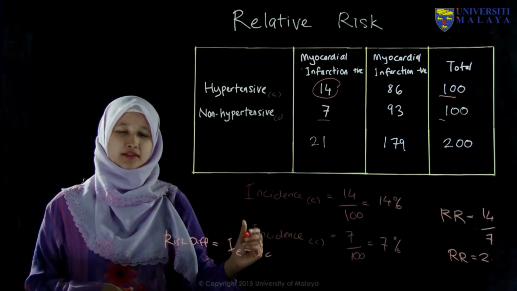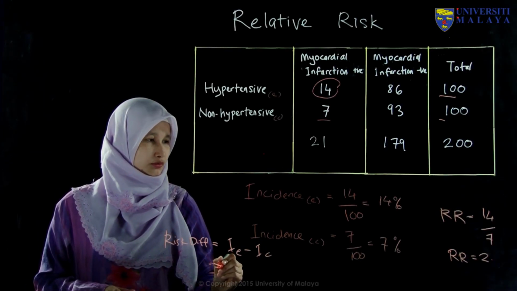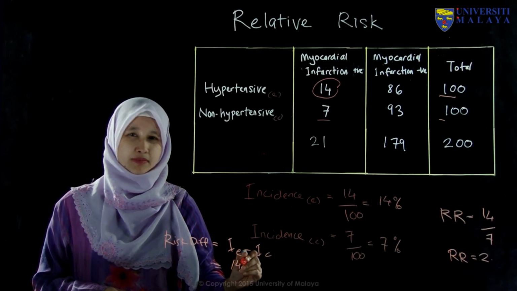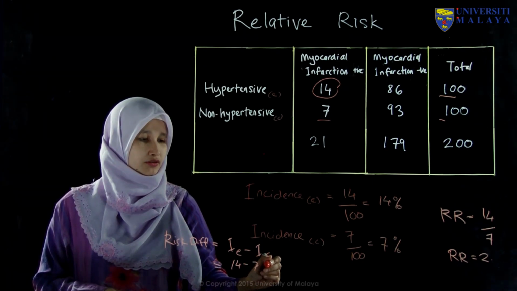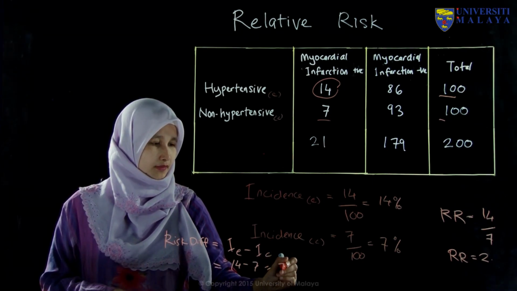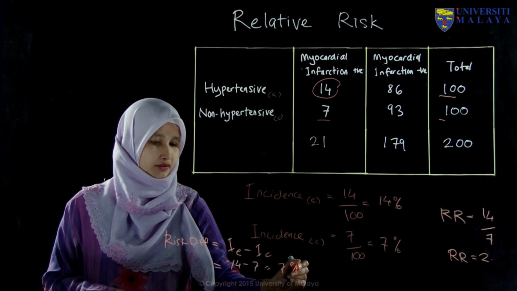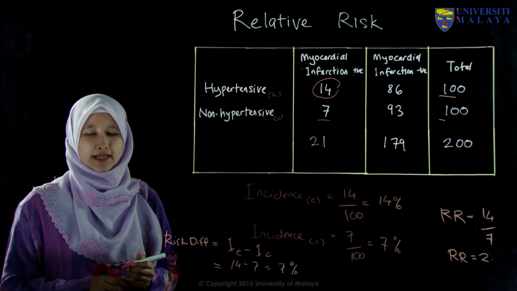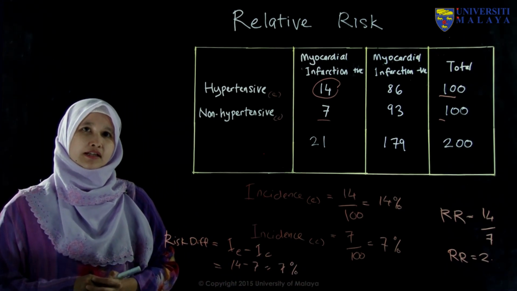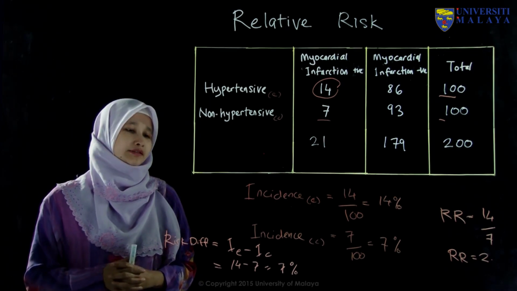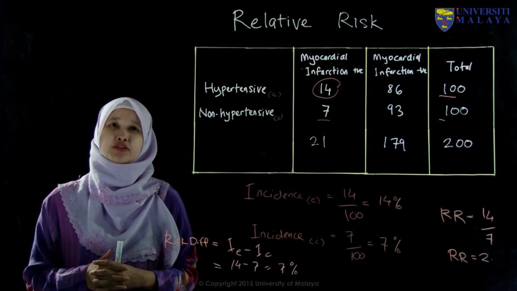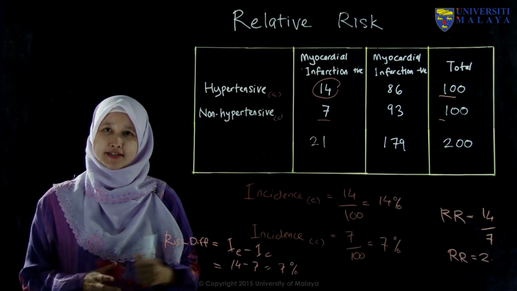So in this case, the risk difference is equal to 14% minus 7%, or 7%. Risk difference is also known as attributable risk. What it means is that the risk of you having MI due to hypertension is actually 7%.